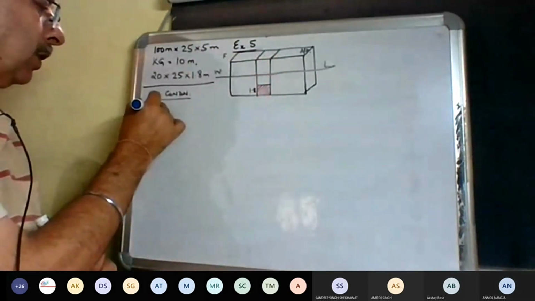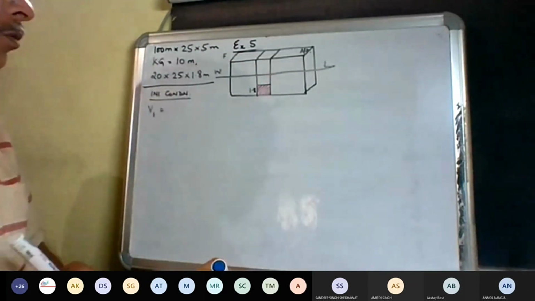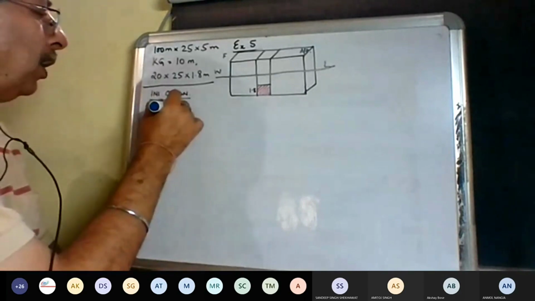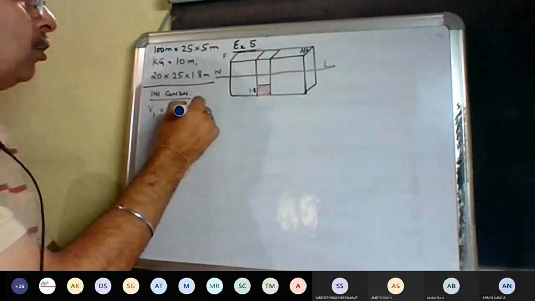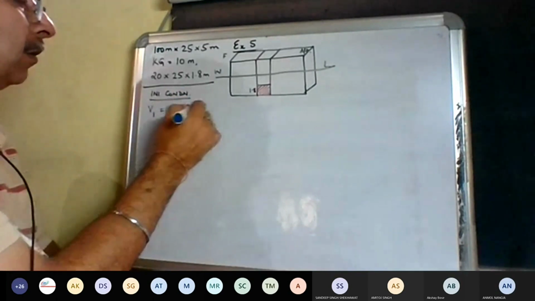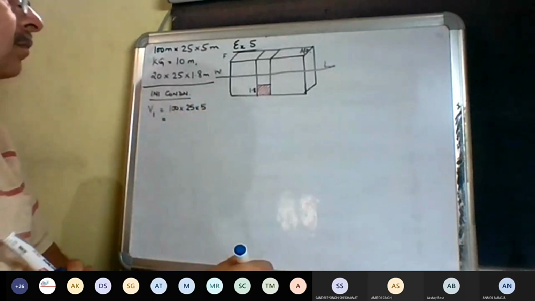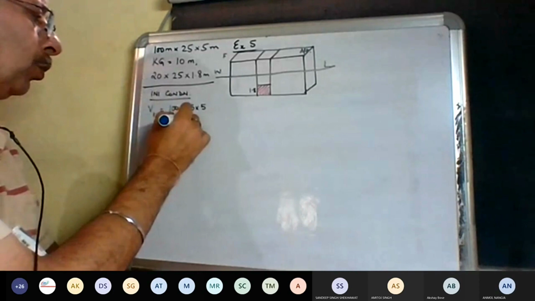So let us call this V1. What is V1? Equal to 100 into 25 into 5, 12,500.